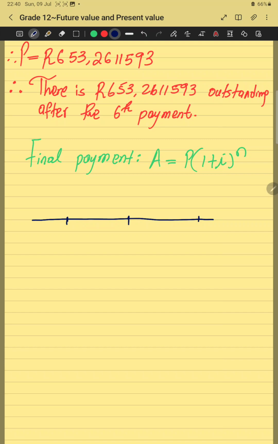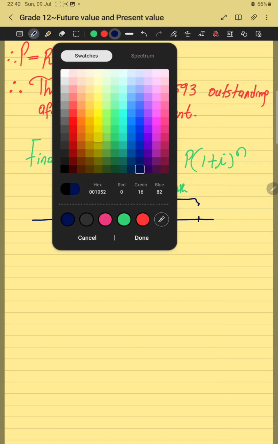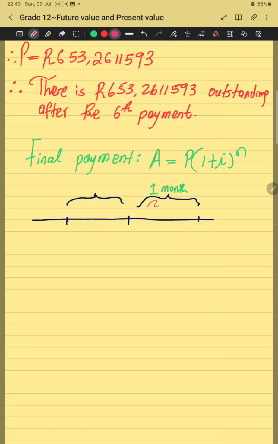Okay, so 1, 2, 3, and then I just want to highlight something for you about the 1 month payment, the 1 month interest, just 1 month here, the last one. And then I just want to note something for you.